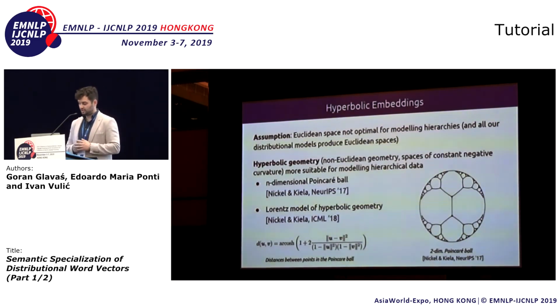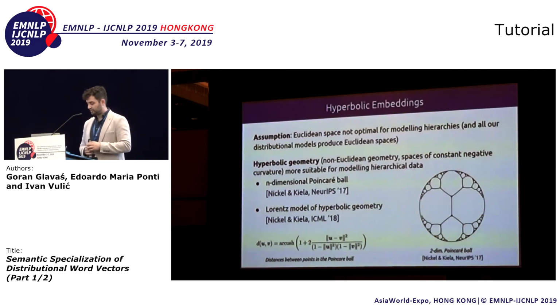It's a non-Euclidean geometry, and it accounts for spaces with constant negative curvature. Several different models have been proposed more recently. The first one that drew attention was the Poincaré ball model from Nickel and Kiela in 17. This is just a depiction of a two-dimensional Poincaré ball, meaning the embeddings have only two dimensions.